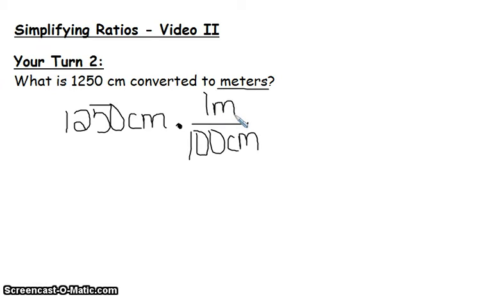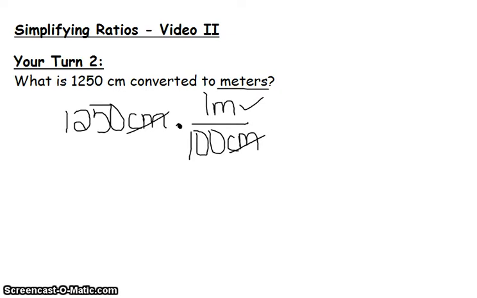So 1 meter is 100 centimeters. If you think of century as 100 years, centimeters have the same prefix, 100 centimeters in 1 meter. But what we have here is our common units that we can divide out. We have our centimeters that divide out, and what we have left over is meters, which is what we were looking for.